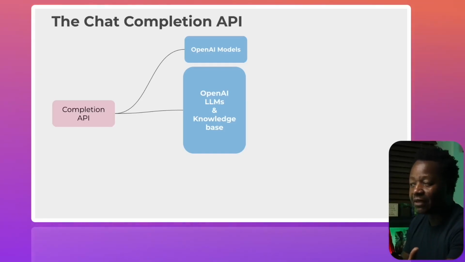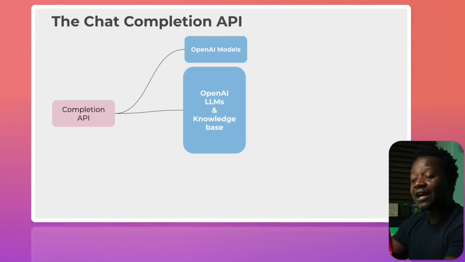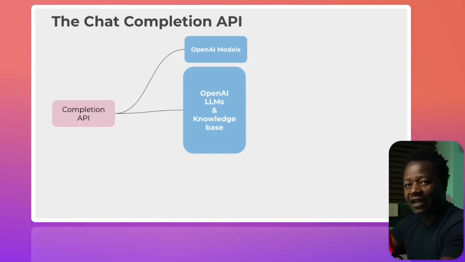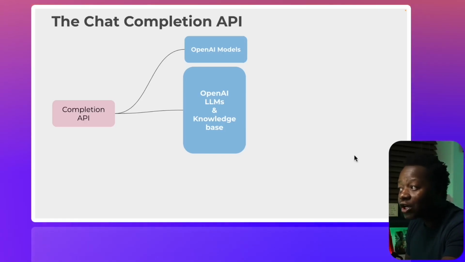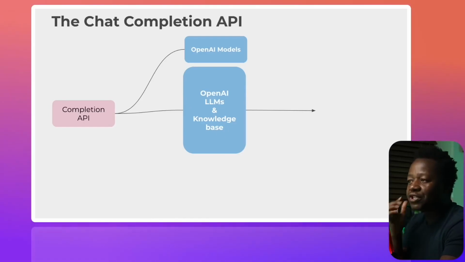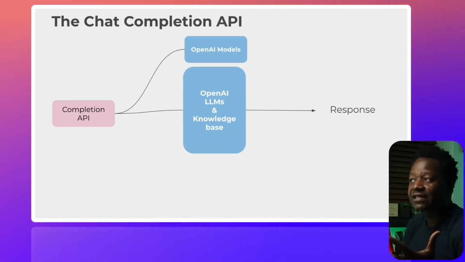There's no addition, meaning if you were to ask certain questions about something that happened after September 2023, I believe, right? Anything after that, then this large language model wouldn't have that knowledge base, so it would just say, I don't know. Because the completion API is just a way for us to get a direct response.